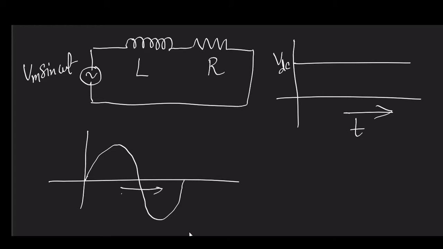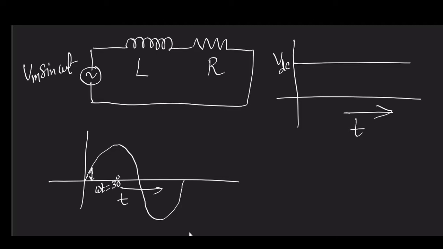Here, try to understand one thing: depending on our switching, we will have different values of voltage appearing across our circuit. Suppose this is where omega t is equal to 30 degrees.